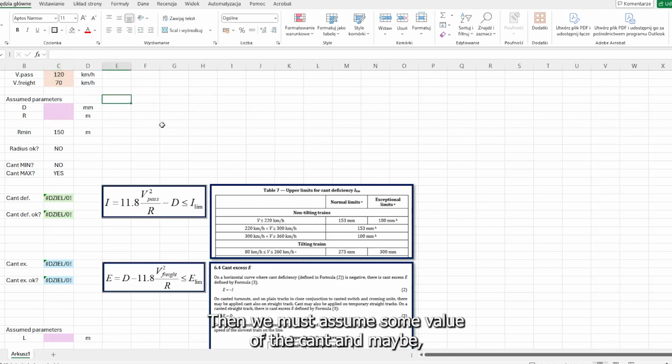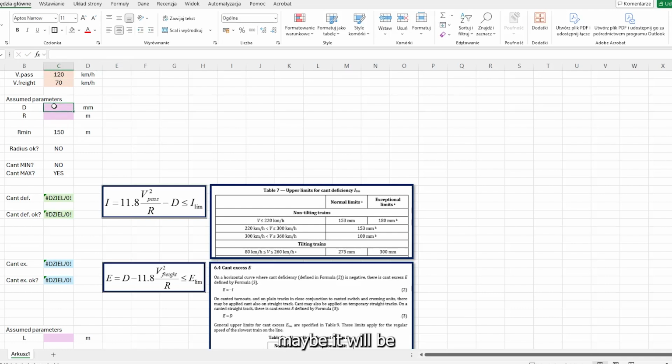Then we must assume some value of the cant. Maybe it would be good to assume that the cant will be about 35 millimeters, and the radius for our circular curve can be about 1,750 meters.